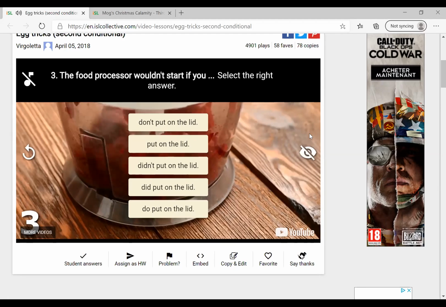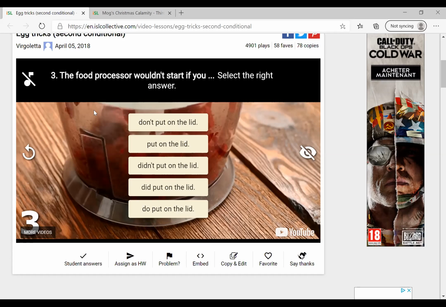Olivier. The food processor would start if you didn't put on the lead. Sorry, I don't understand the sentence. Okay, this is the food processor, where you put the beetroot.